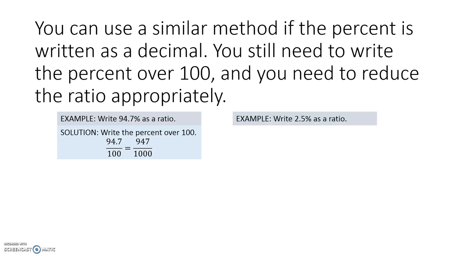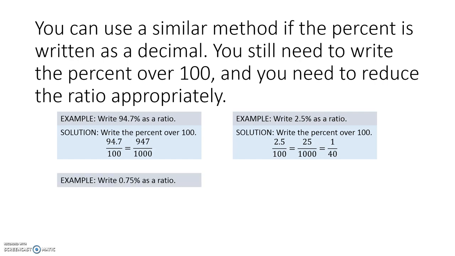Let's write 2.5% as a ratio. Again, we put the 2.5 over 100. We have to move both decimals one place to the right, and we get 25 over 1,000. But that can be reduced, so we reduce it to 1 to 40. What if it's just a decimal? 0.75%.